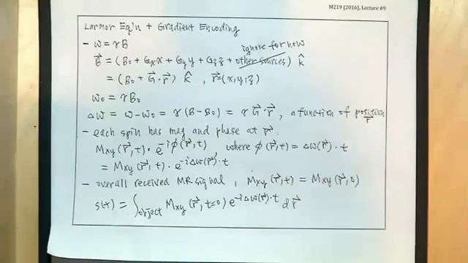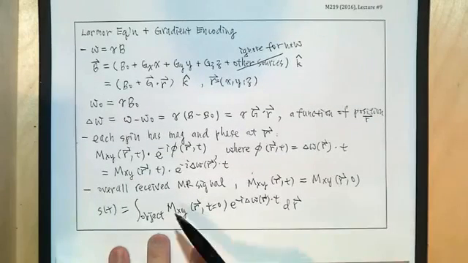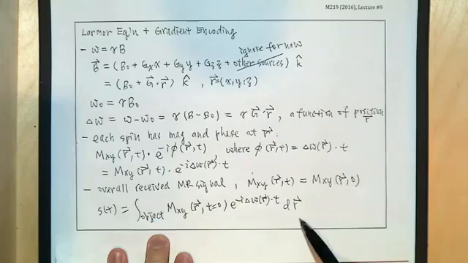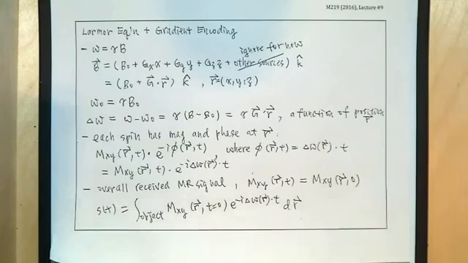Okay, so this is where we ended at the start of class. We went through the Larmor equation, we added in gradient encoding, and this is the equation that we got. Now let me work on that equation for a bit.